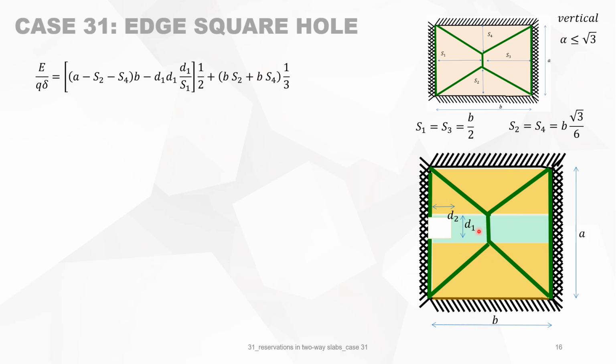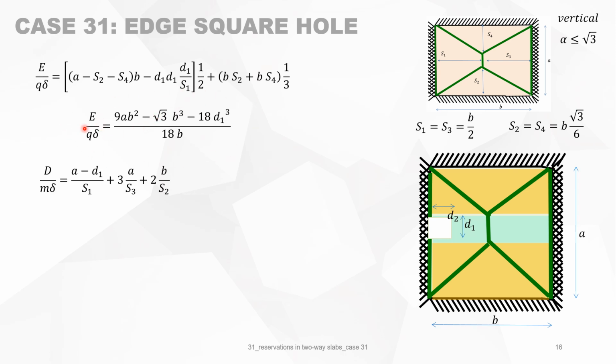And then for the green area, we get B times A minus S2 minus S4. And now we have something too much, so we have to subtract the reservation, which is D1 times D1. And the maximum deflection there is delta times D1 over S1. And then the mean deflection of that whole system is delta over 2. You can substitute the variables and arrive at this expression.